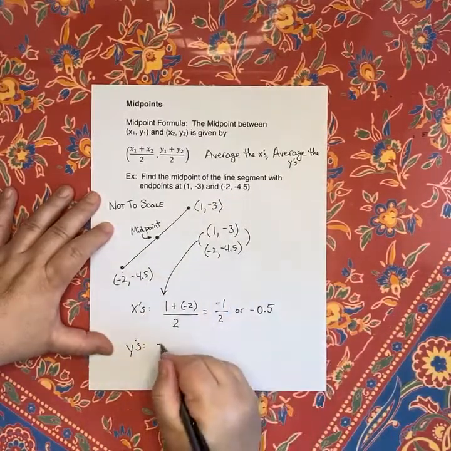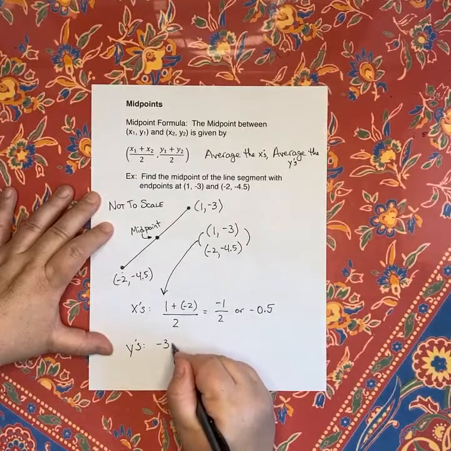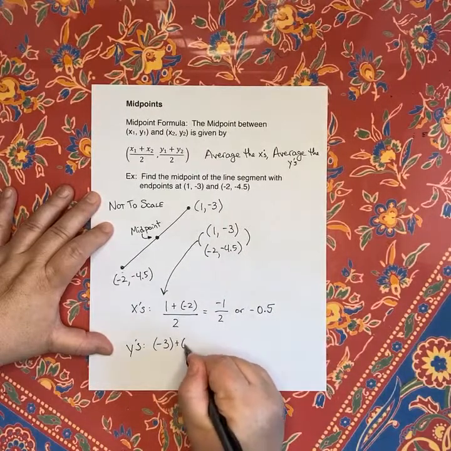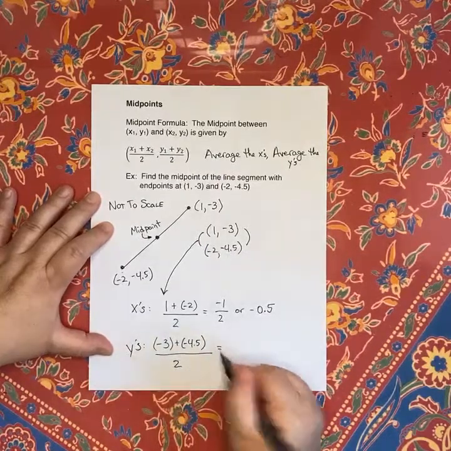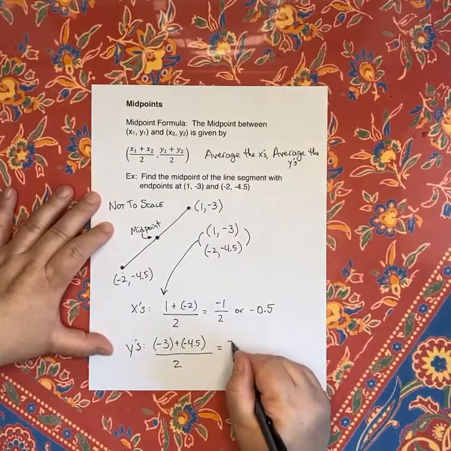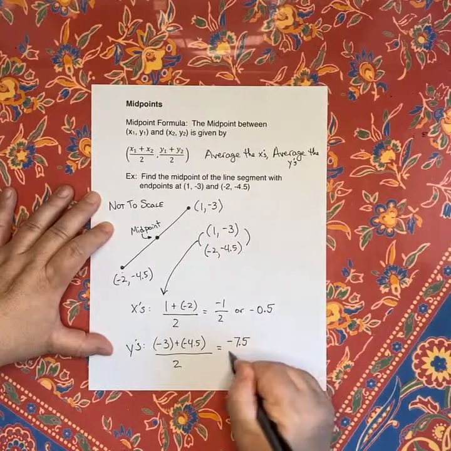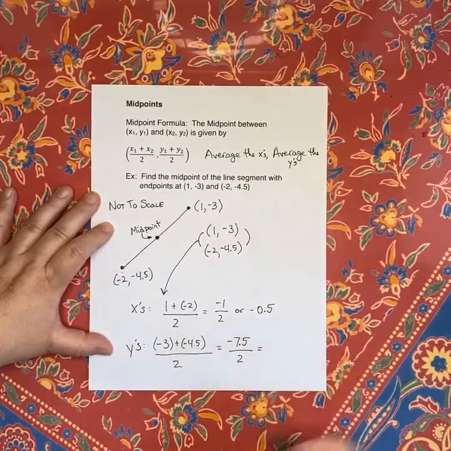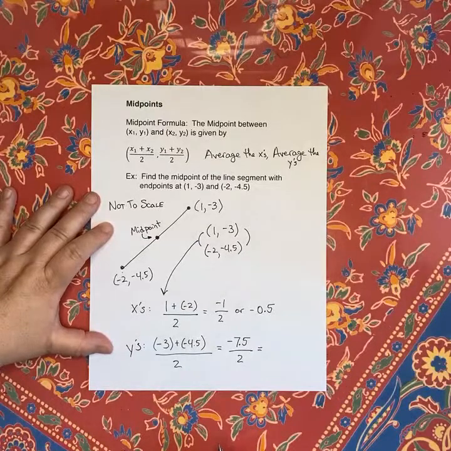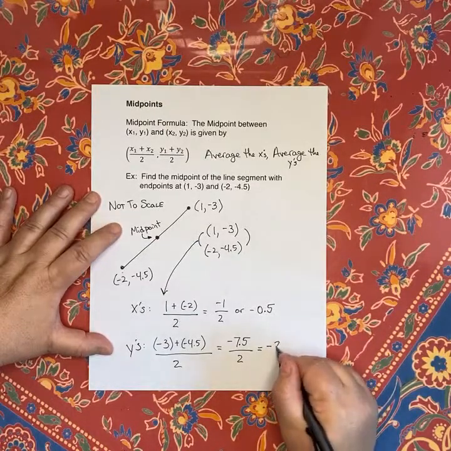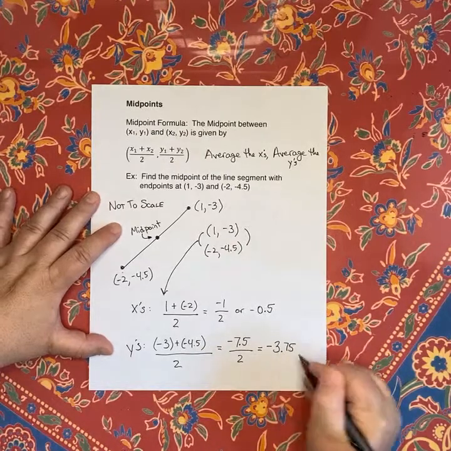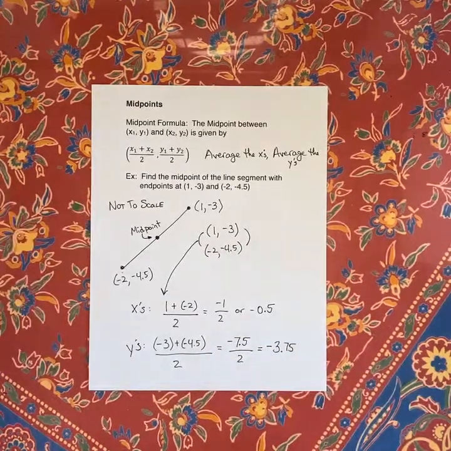Okay, and let's look at the Y's. The Y's are -3 plus -4.5. Oh, this one's going to be a little gruesome. -7.5 over 2, which if I use my calculator or my brain, I think it's going to give me -3.75. You know what? I don't trust myself. Guess what we got?